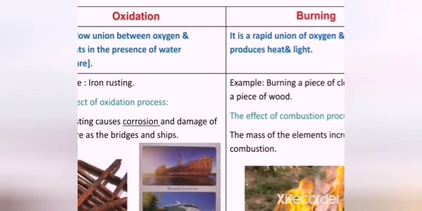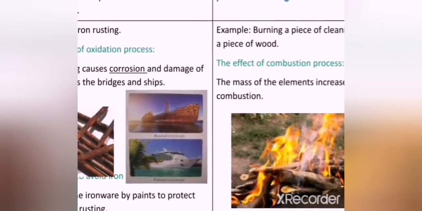But the effect of the combustion is that the mass of the element increases after combustion, because after burning the element combined with the oxygen. So the mass increases after the combustion.